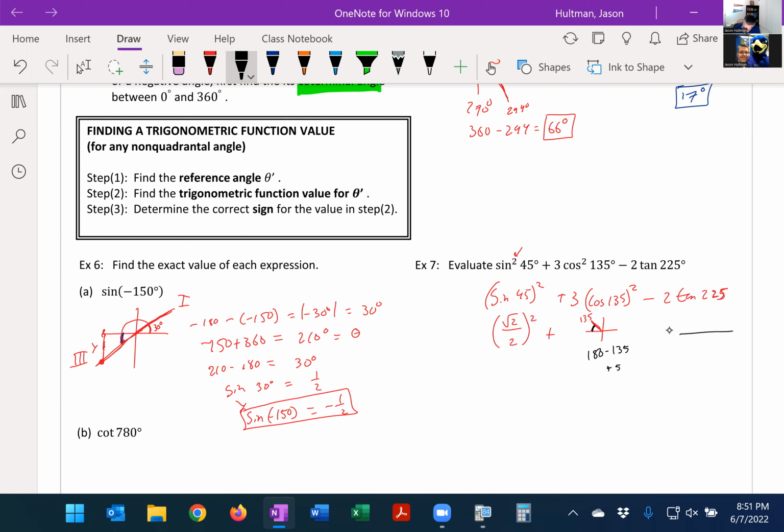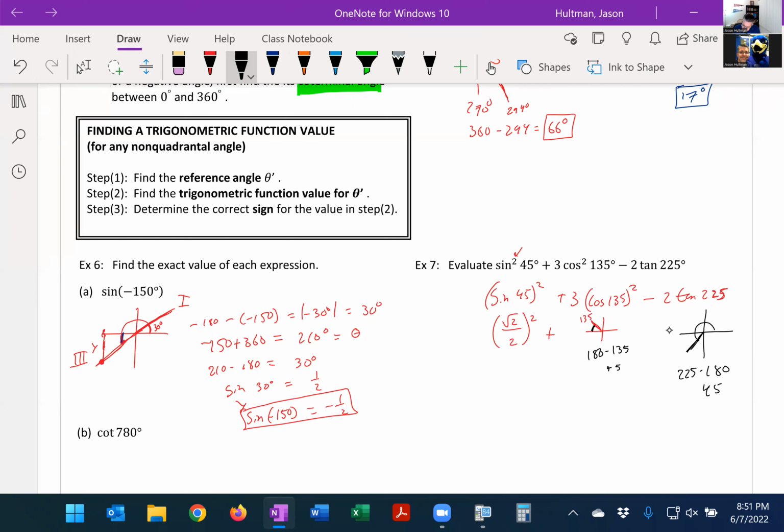Well, 225, that's going to be 90, 180, 270. Oh, it's in the third quadrant. How can I find out what the reference angle is? Well, I want to know how far 225 is from 180. And that's 45. So they're all 45-degree reference angles. They're just all in different quadrants.